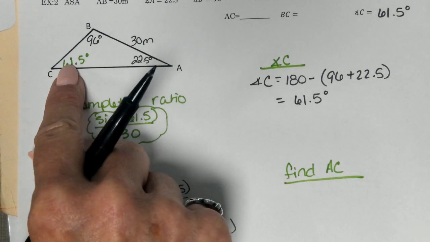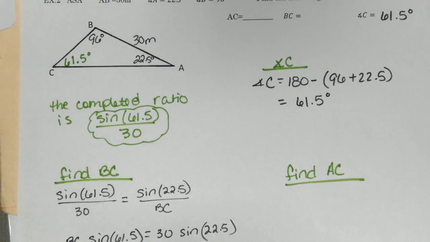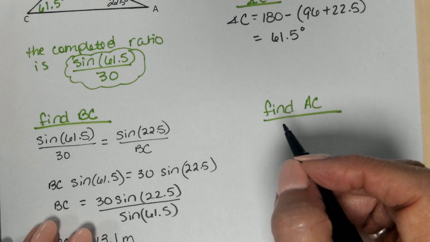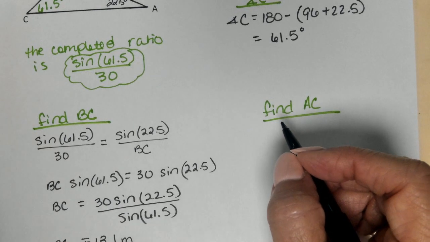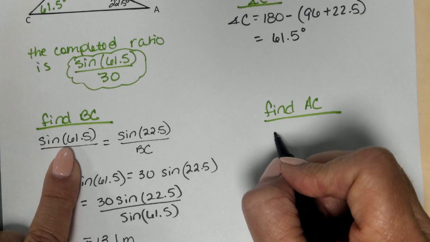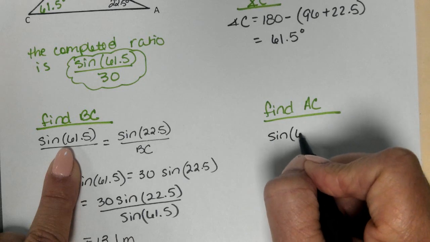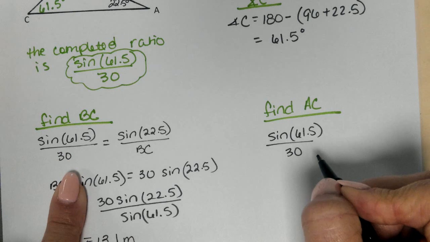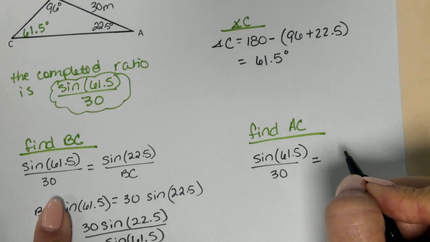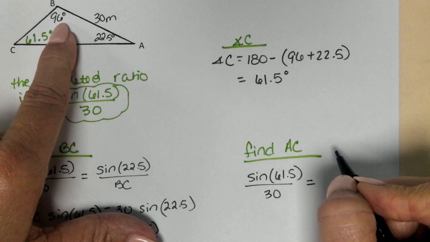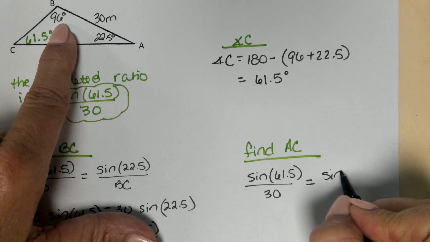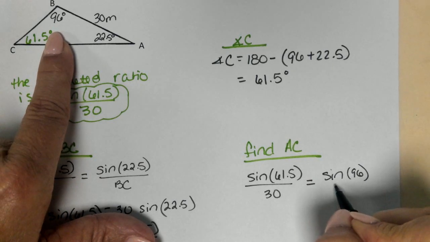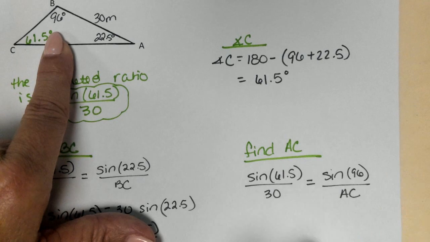We didn't have any way around it. So sometimes that will happen. I just try to avoid using numbers that I've rounded whenever possible. So we've got the sine of 61.5 over 30, and that's going to be equal to the sine of 96 over AC.